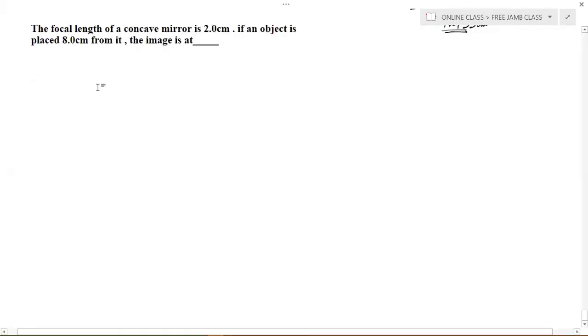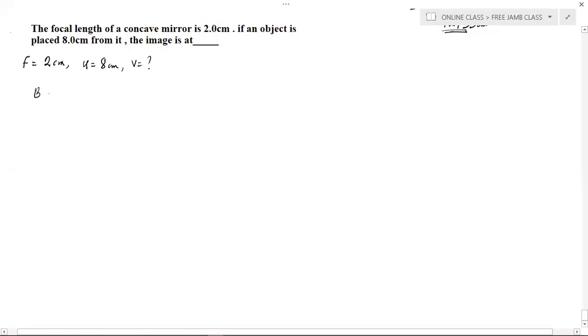This question says that the focal length of a concave mirror is 2 centimeters. F is 2 centimeters. Then, if an object is placed 8 centimeters from it, that is U equals 8 centimeters. The image is at where? V, image distance, unknown.